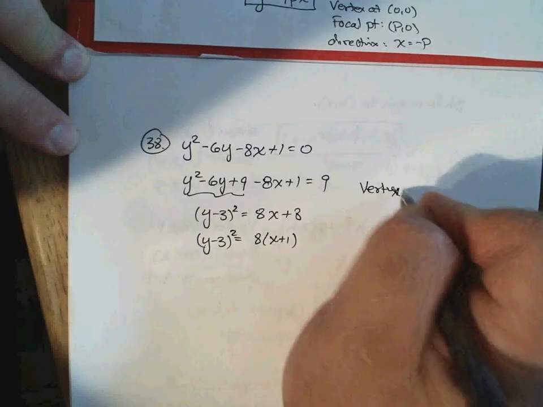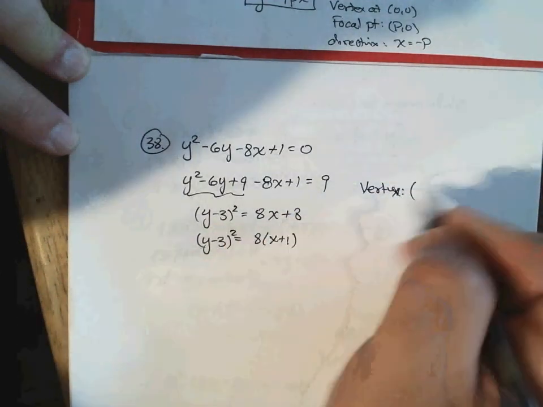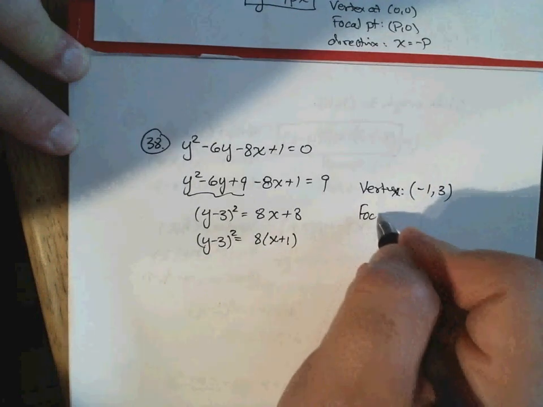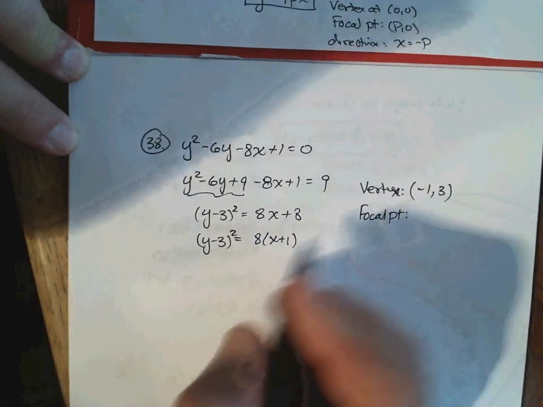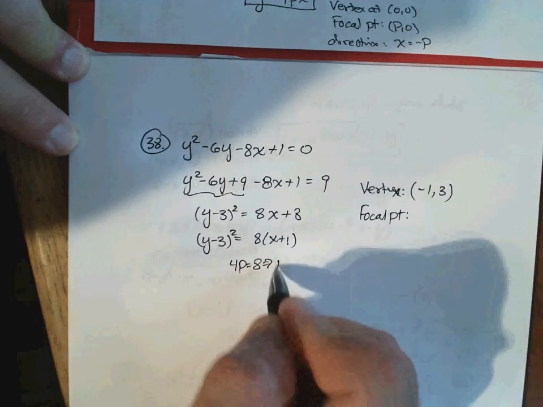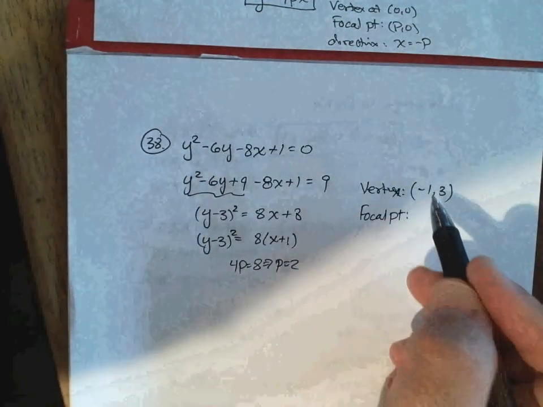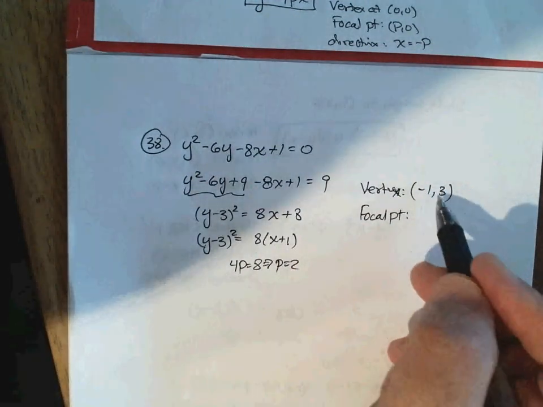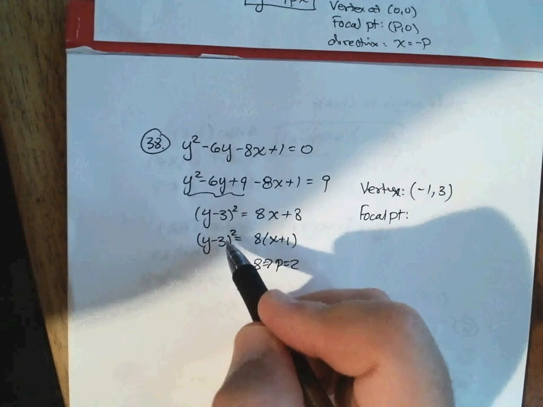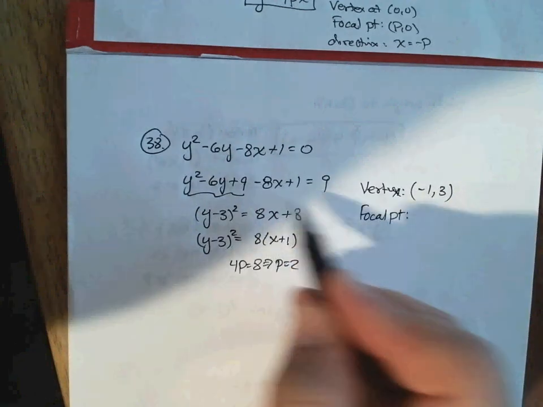And we can see that we have shifted the vertex. It's negative 1, 3. The focal point, well, to find that, I need to find the p-value. 4p is 8, means p is 2, means I'm moving 2 units from the vertex to get to the focal point.